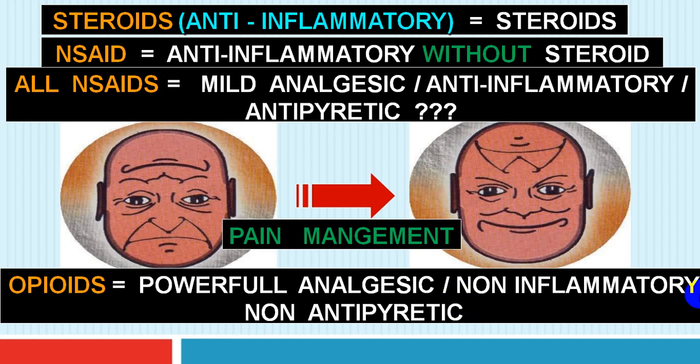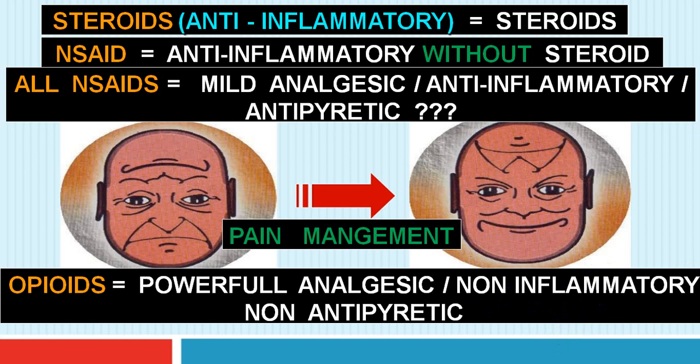But opioids are non-inflammatory, non-antipyretic. So they will not reduce any inflammation, they will not reduce any fever. Hence, in a person with an infective or non-infective inflammatory etiology, pain may be relieved by opioids, but the basic etiology or basic pathophysiology will not be affected, and thus the pain will continue.